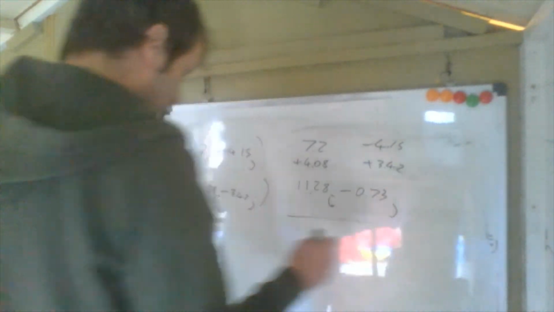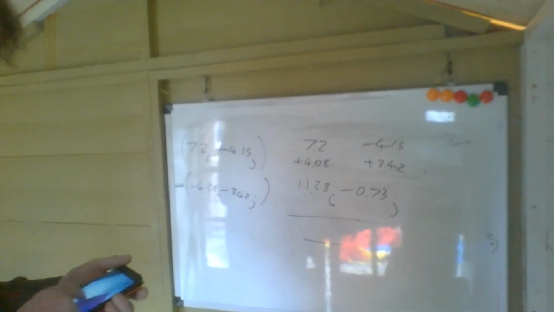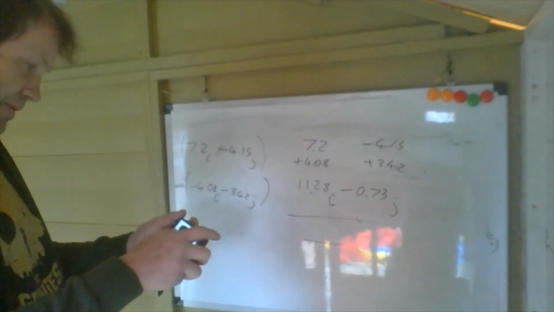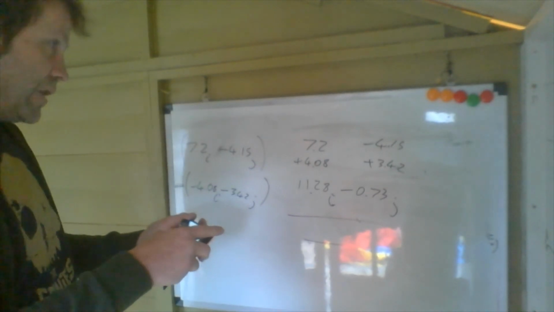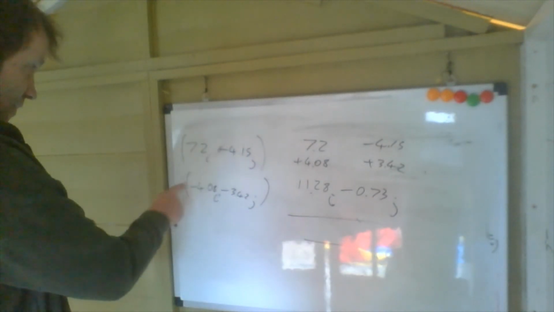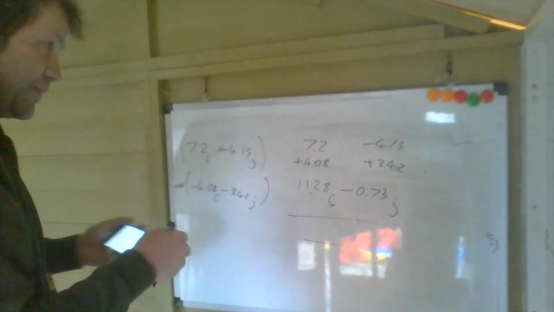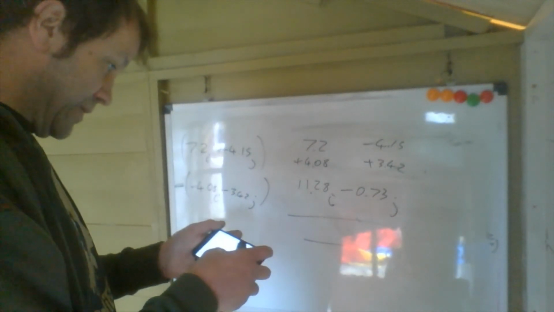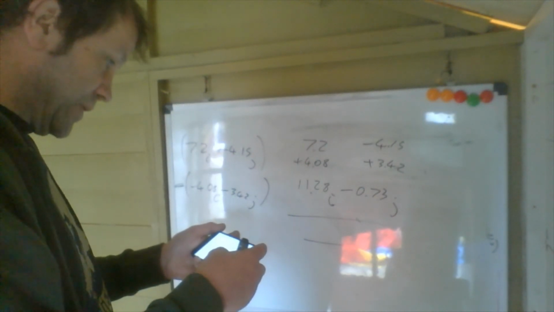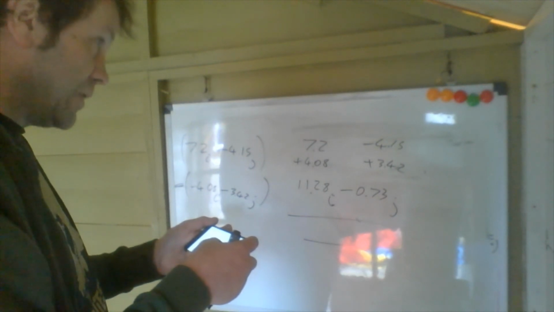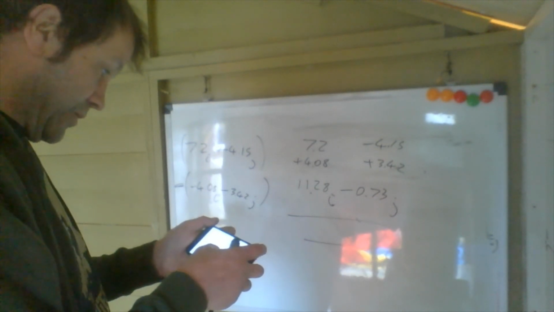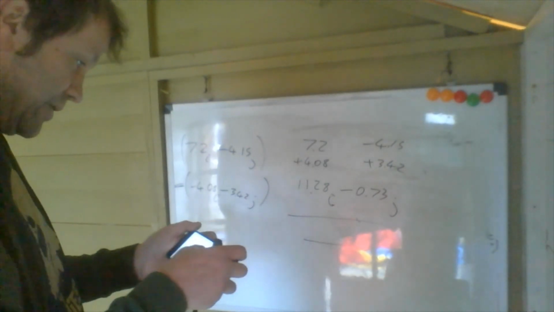And now, I think that's right, I'll just make sure, don't want to make any mistakes. So that's minus 4.15 plus 3.42, yeah, minus 0.73, that's right.